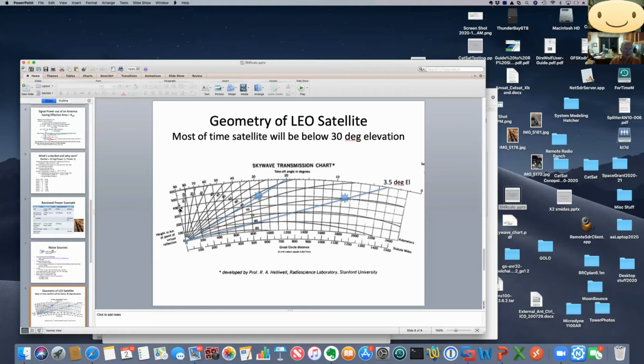Now, one thing you want to remember when you're doing this is the probability of the satellite going straight overhead is near zero. The probability of it being somewhere in this range here, in this case between 20 degrees and zero, is really higher than the probability of it being higher than 20 degrees.